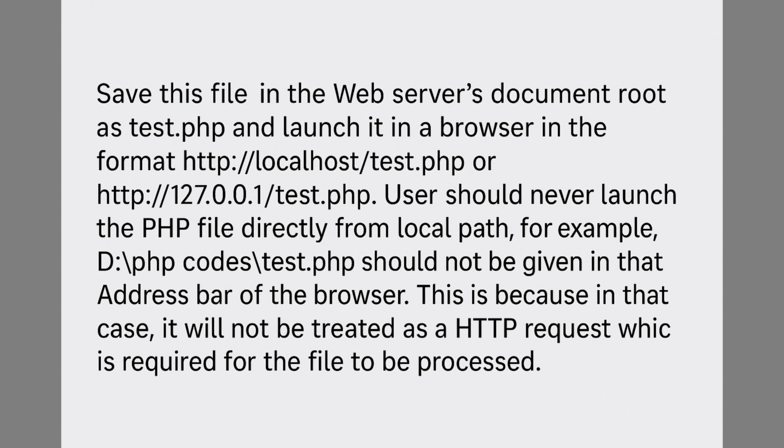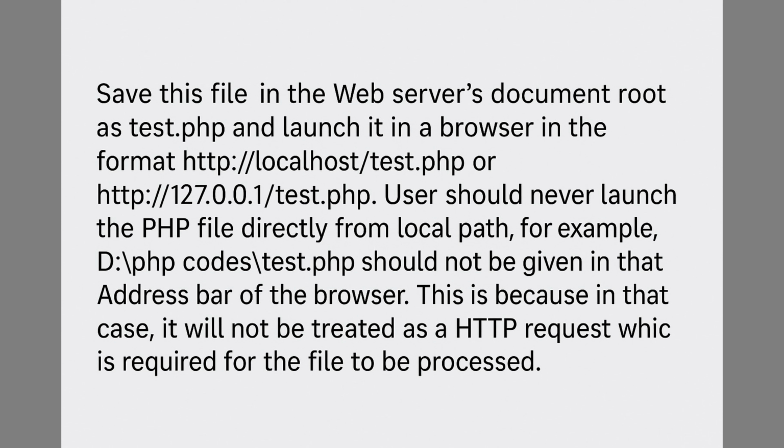This function displays the PHP configuration details, confirming that your setup is working properly. Once you've written the script, save the file in your web server's document root directory. This is usually located in the www or htdocs folder inside your Apache installation directory.